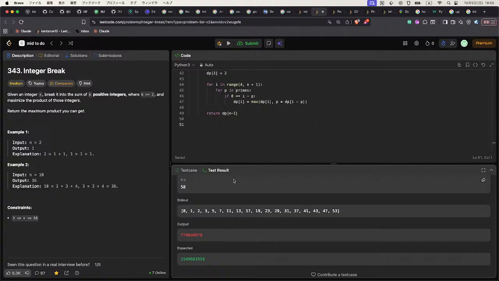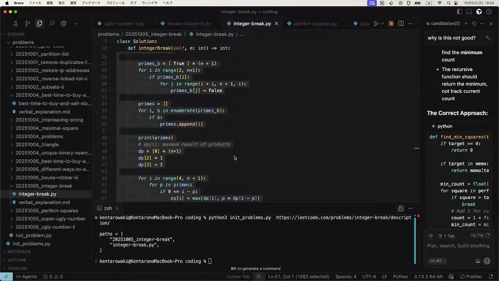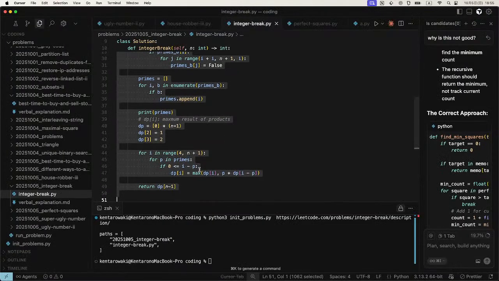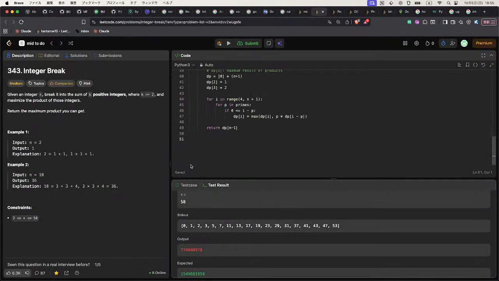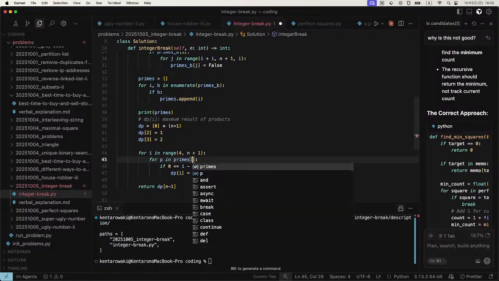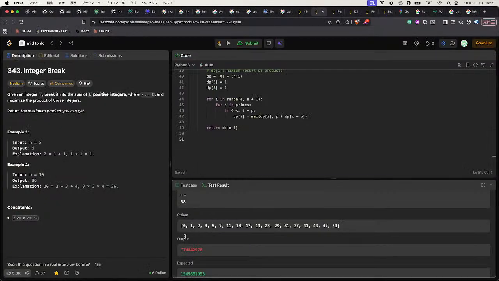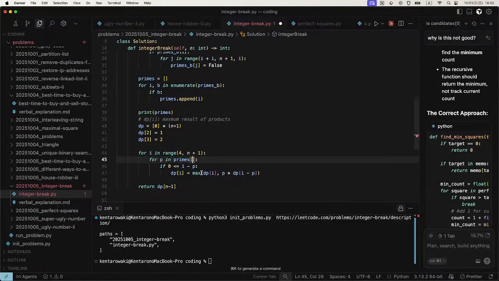The primes is good. But primes is 0 1 2. Start with 2.